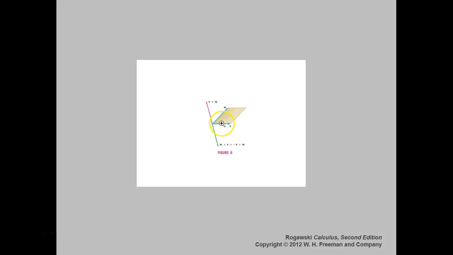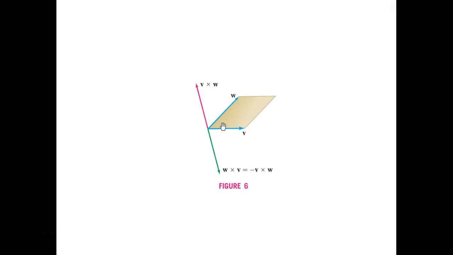I guess this is a picture of the anti-commutativity. This is V cross W, up like this. But if you did W, you have to use right hand still. W cross V, it points exactly in the opposite direction. Exactly anti-commutative.